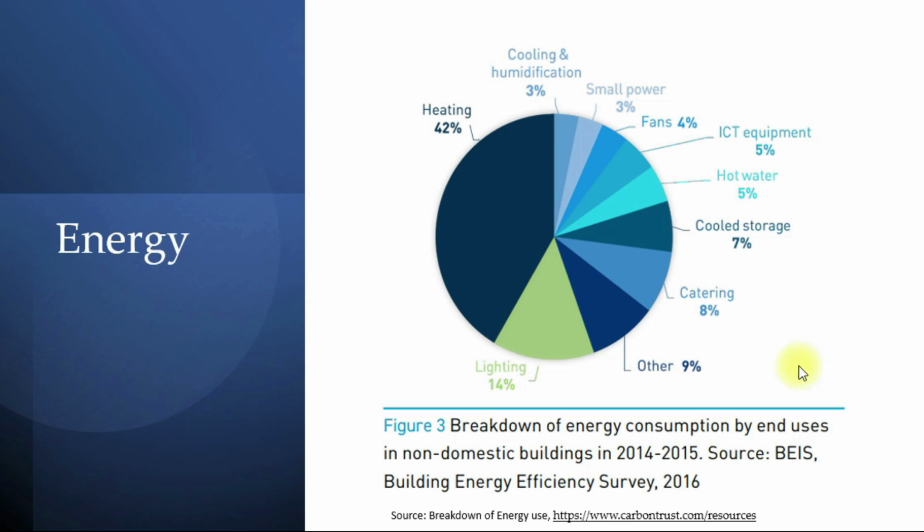If we take this graph from a building energy efficiency survey, heating is 42%, and then cooling and humidification 3%, all the way through to small power, fans, the ICT equipment, the hot water usage, cold storage, catering, others, and lighting.